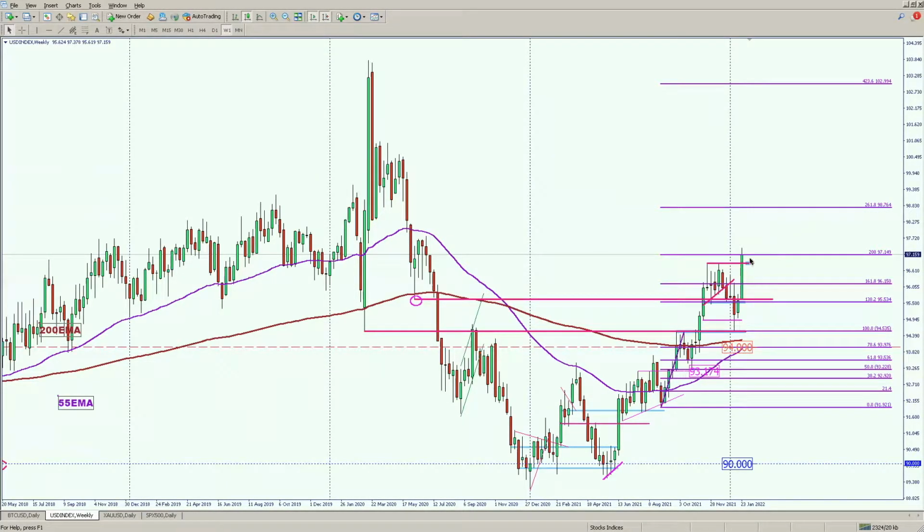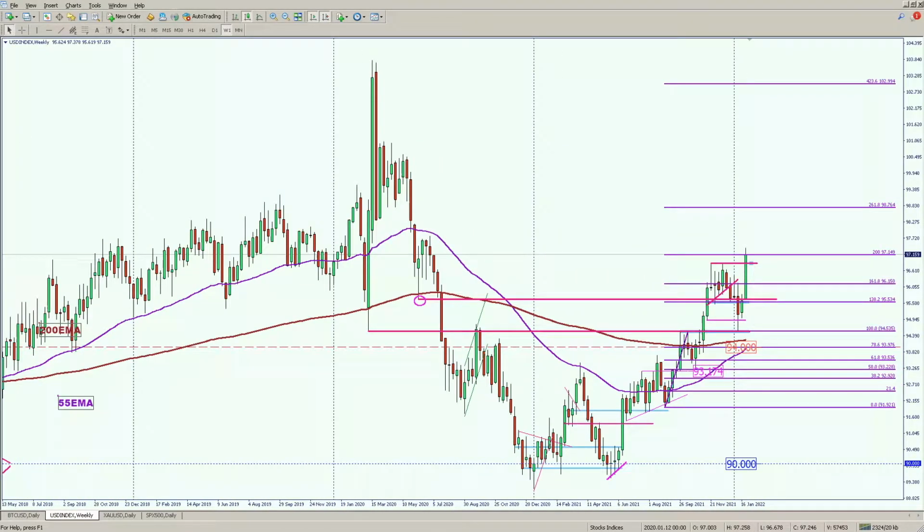So this 200 pip extension is at the 97.15 area. The next swing high area is around here. So it'd be too soon to move up to the 262 pip extension.